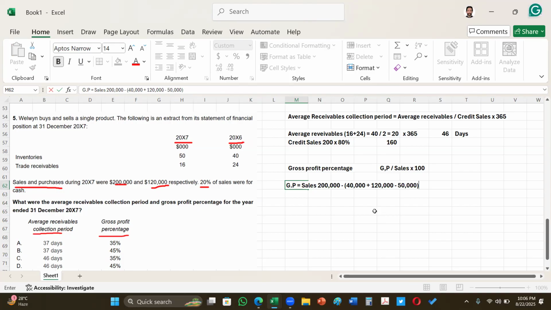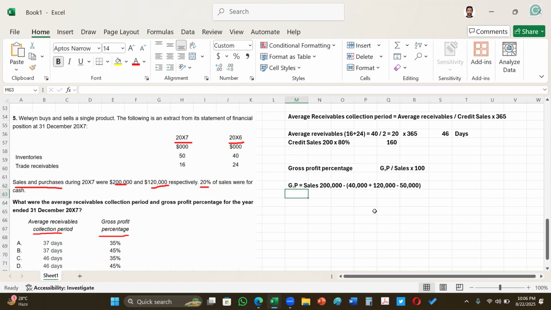So what is the cost of sales figure? We have sales of 200,000. The cost of sales figure is 160 minus 50, which is 110. So the gross profit is 90. Okay, you people are giving me the answers. I did not get the chance. So yes, that is good.